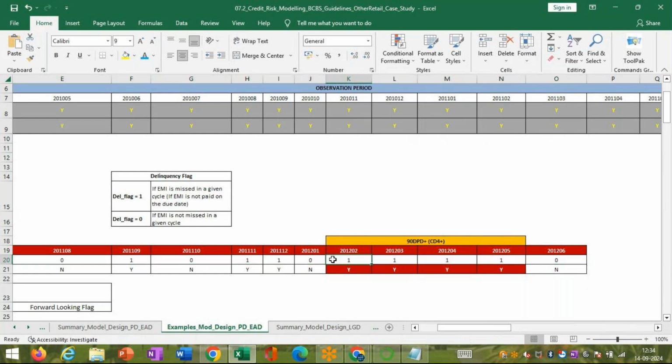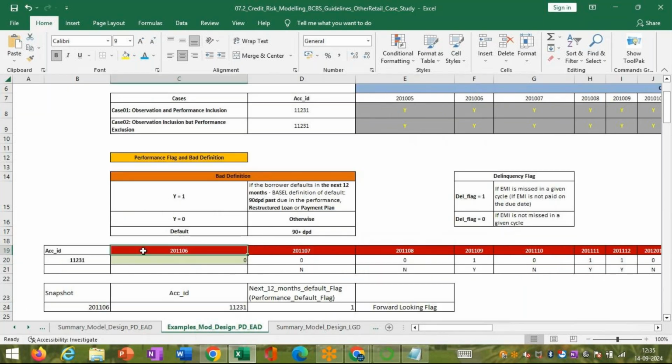Over here, I can see that in 2012-02 to 2012-05, this customer has satisfied the bad definition and has entered into a default. So with respect to the 2011-06 next 12-month performance flag, the customer is a default. Now let's try to understand what this ever default means.